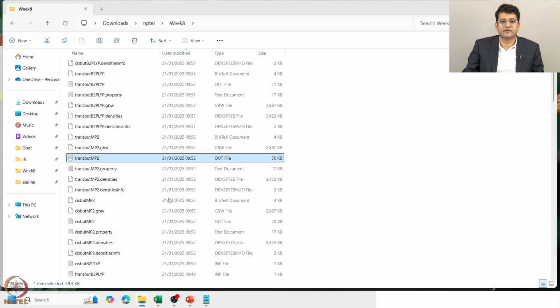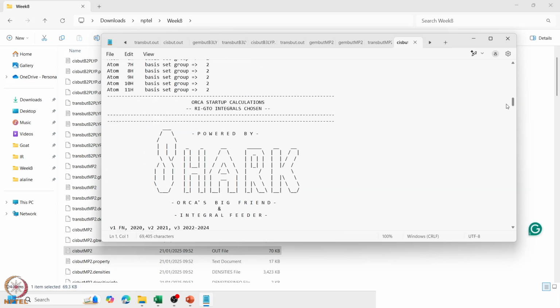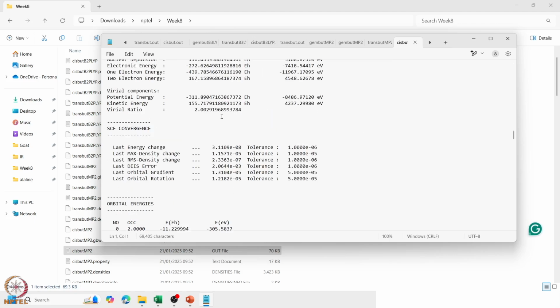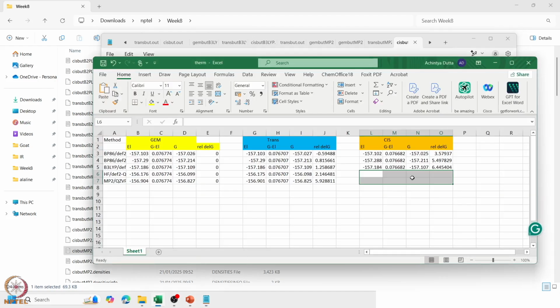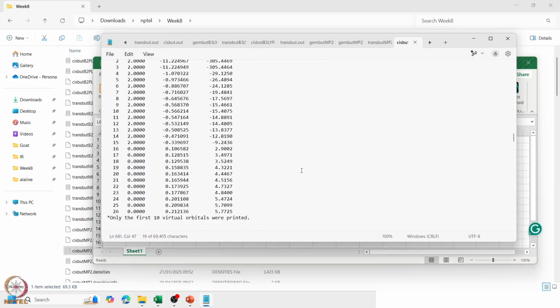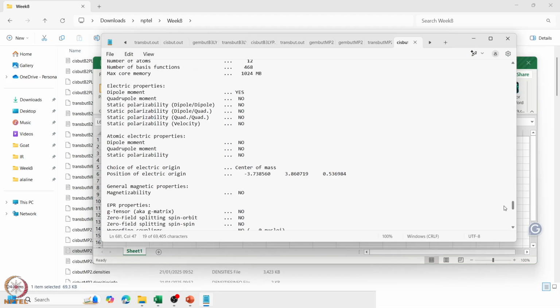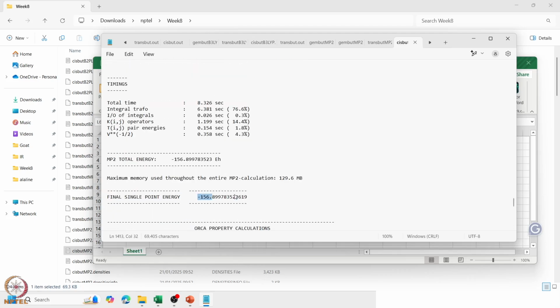Now let us look at the cis. So this is the SCF energy. And the MP2 energy is here.